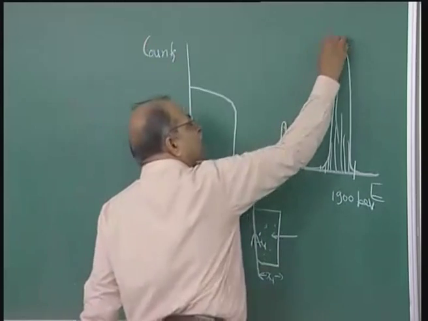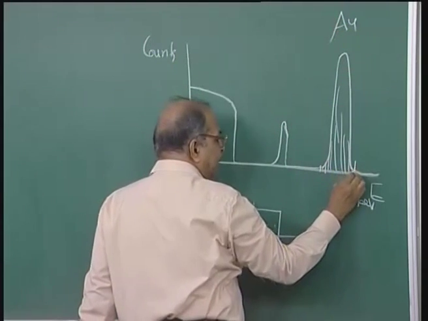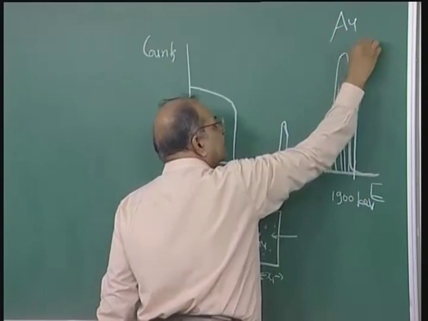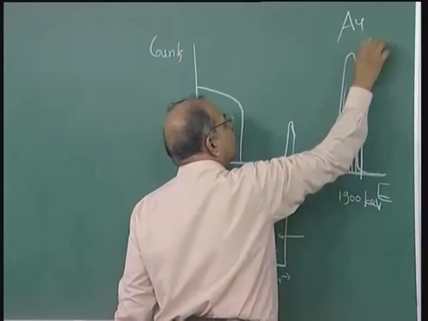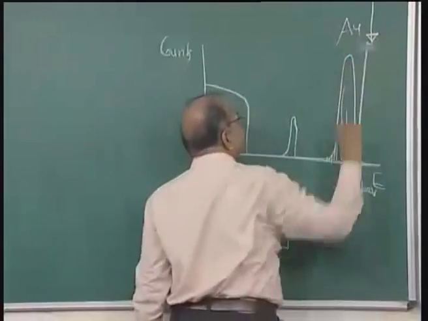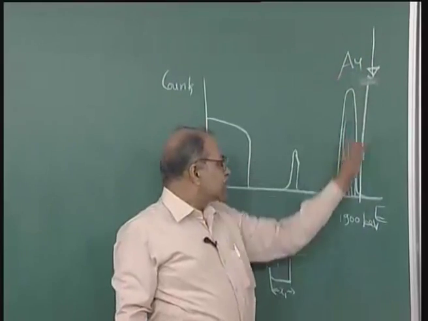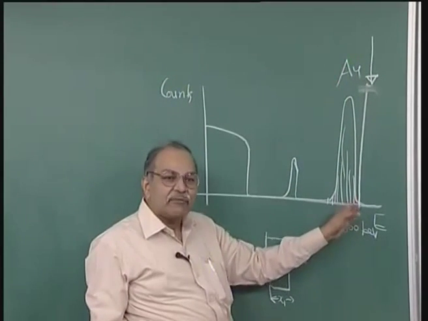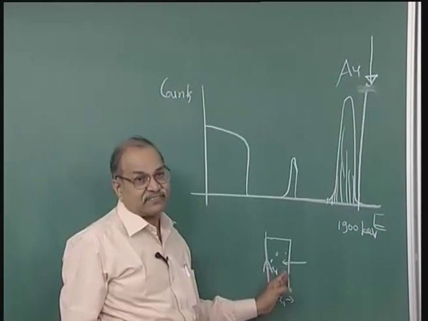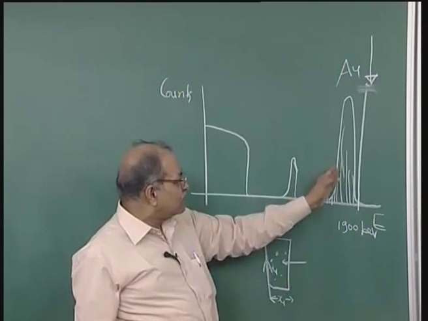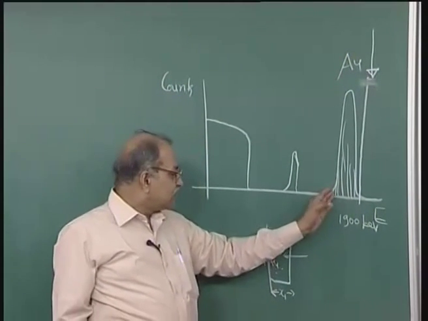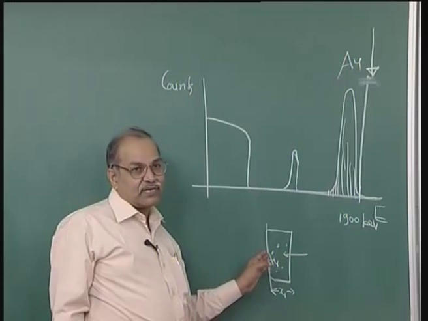So this whole thing corresponds to gold, and this point is the surface of the gold. Generally people write it with a vertical arrow like this, telling that this is the surface of the gold. These counts are coming because of the collisions at the surface, and these counts are coming because of the collision at the end of this gold layer.